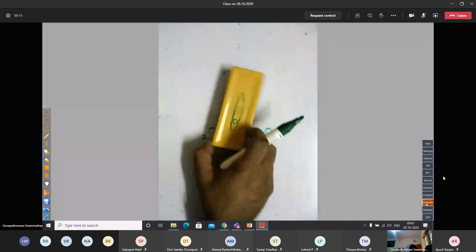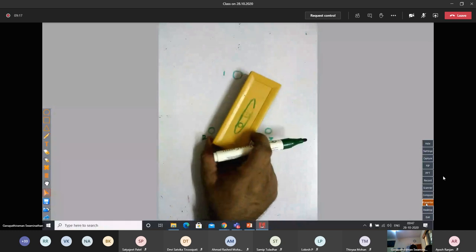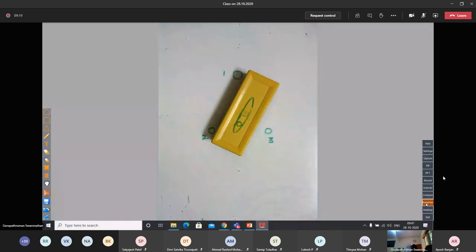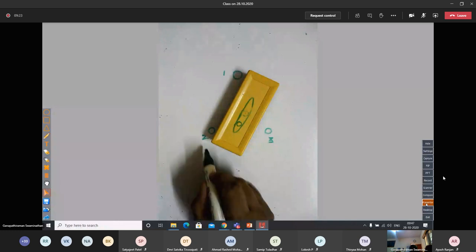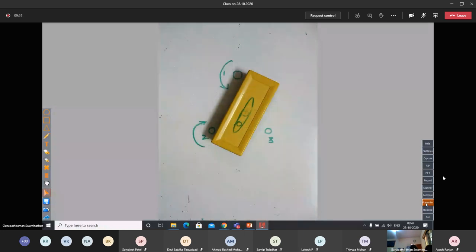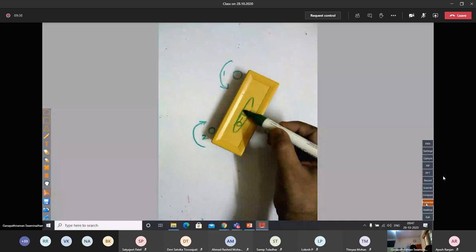Screws 1 and 2: I make the plate bubble parallel to 1 and 2. Now you move the foot screws inward or outward. Slowly the bubble comes here and then it comes into the center. Okay.